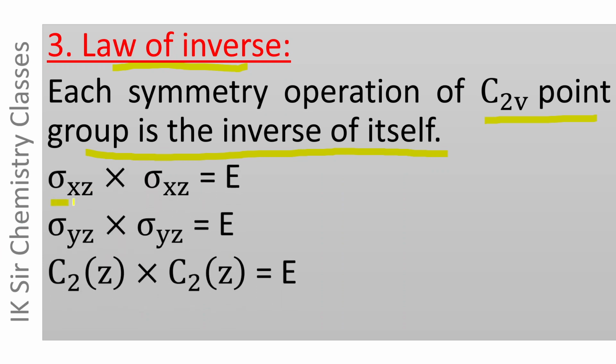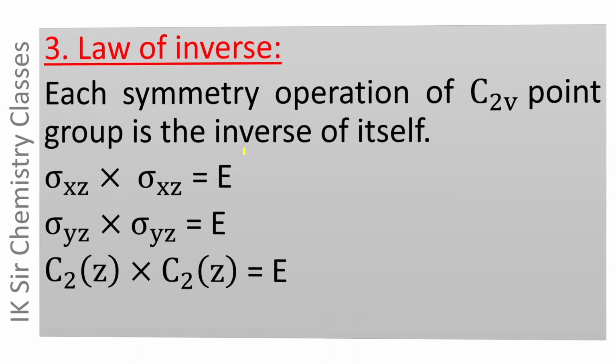Sigma xz into sigma xz is equal to E. Sigma yz multiplied by sigma yz is equal to E and C2z into C2z is equal to E. Each symmetry operation of C2V point group is inverse of itself because when each symmetry operation is multiplied by itself, the net result is equal to E.